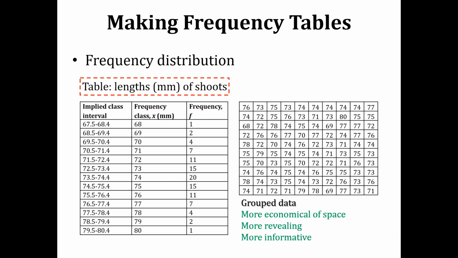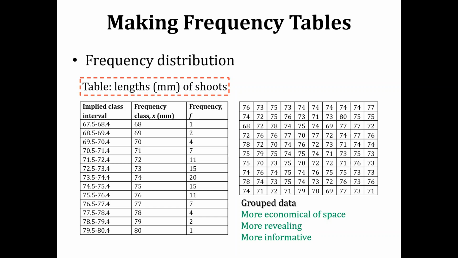And another important thing about making the frequency tables is that it not just helps us in presenting the data in a more appropriate way, it also helps us in documenting or summarizing the data in a form that we can do further statistical analysis easily. As we are going to see in the coming chapters, we are going to do statistical analysis and apply some statistical tests, and this table is going to help us in that.